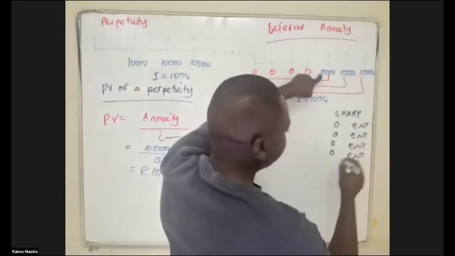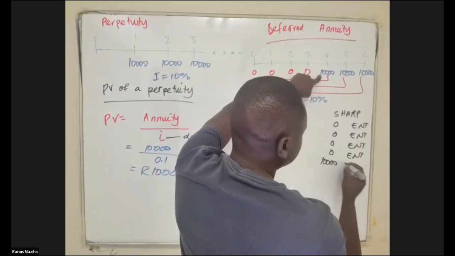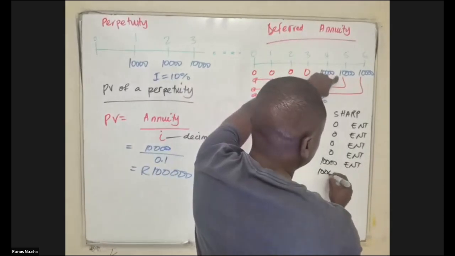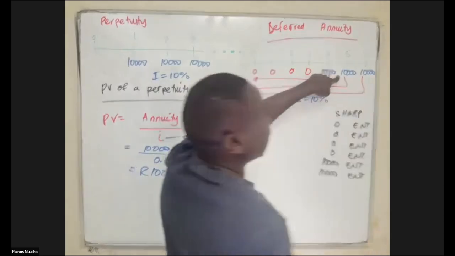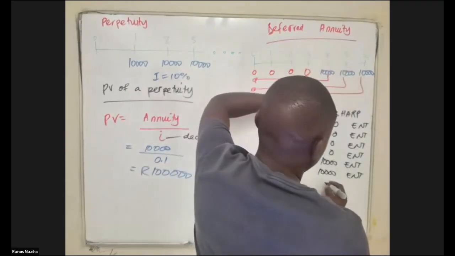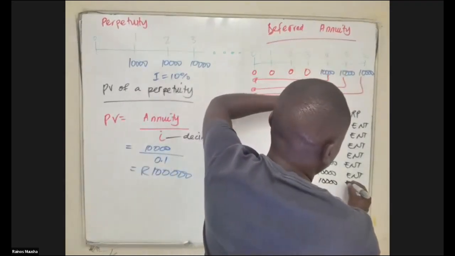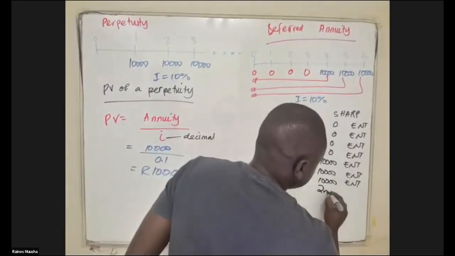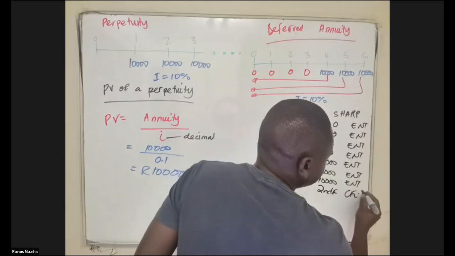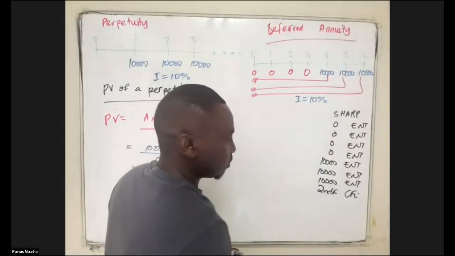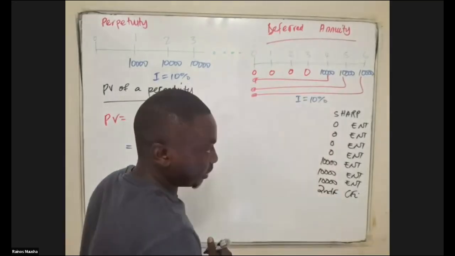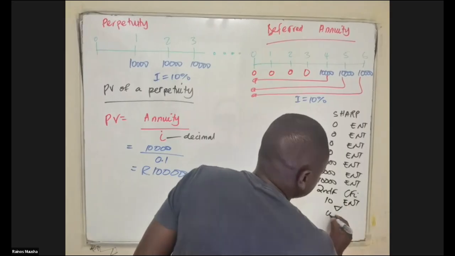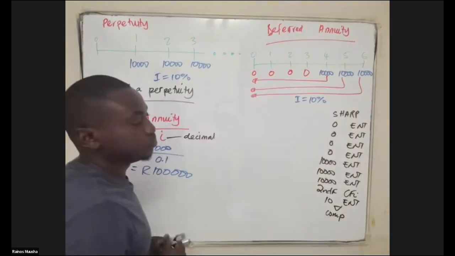For year 4, the annuity payment is 10,000, so you say 10,000 and press enter. For year 5, 10,000, enter. And for year 6, 10,000, enter. After that, you press second function, then the CFI button on your calculator. It will ask you for the rate per year, and your rate per year is 10. Then you press enter, scroll down, and ask the calculator to compute for you.